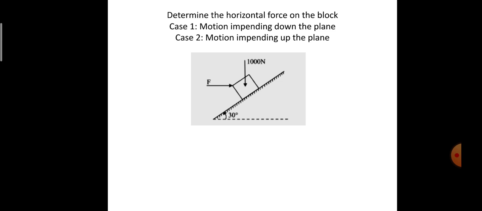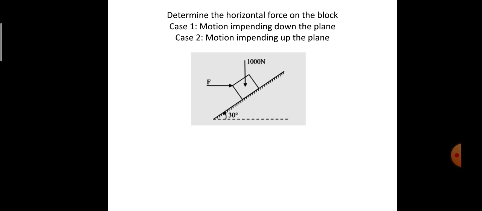We need to find the horizontal force on the block in two cases. The first case is the motion impending down the plane, that is, the force which should be acting whenever the motion is down the plane.